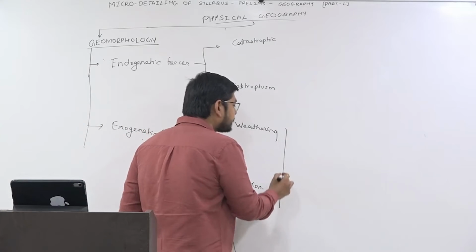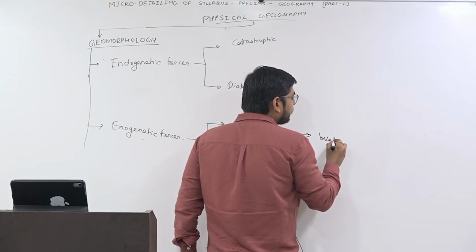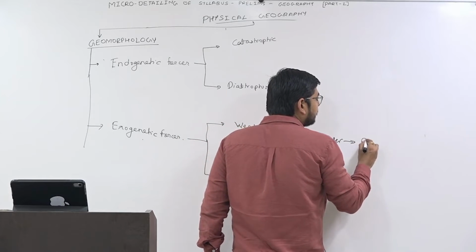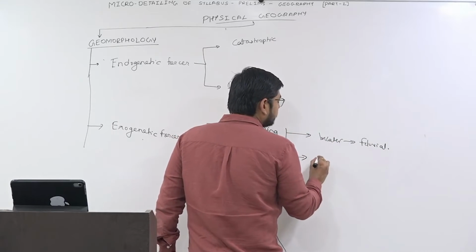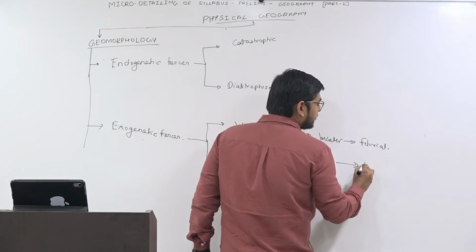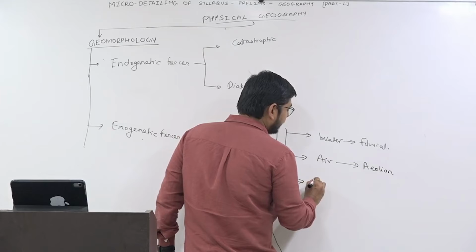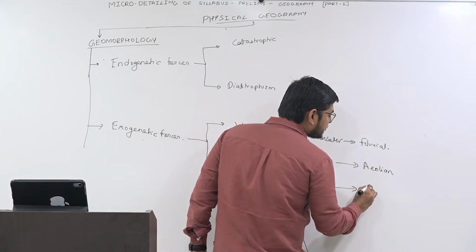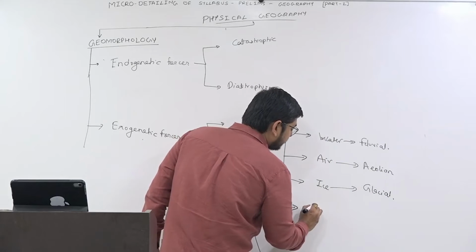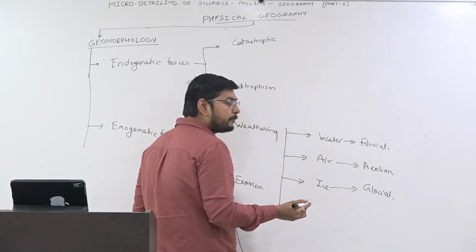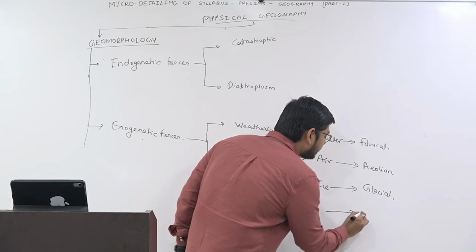If we see the agents of weathering and erosion, we have water, which is also called fluvial. Then we have air, which is also called aeolian. Then we have ice, which is also called glacial. Then we have the movement of moving water in oceans, which is called tidal.